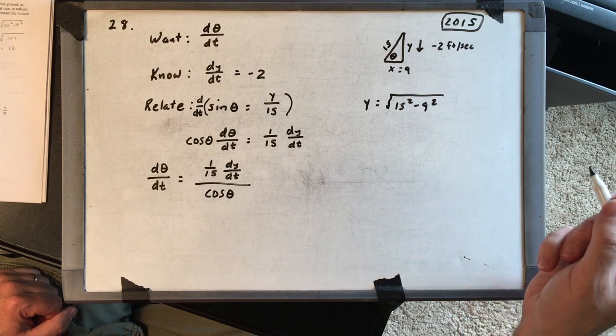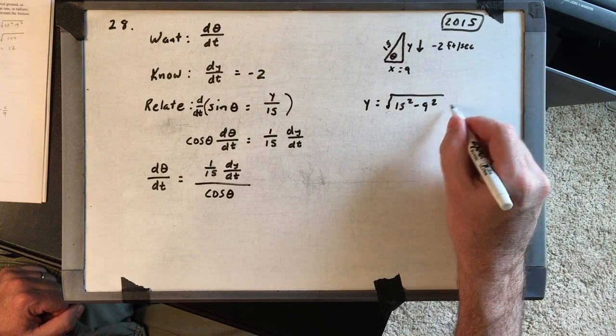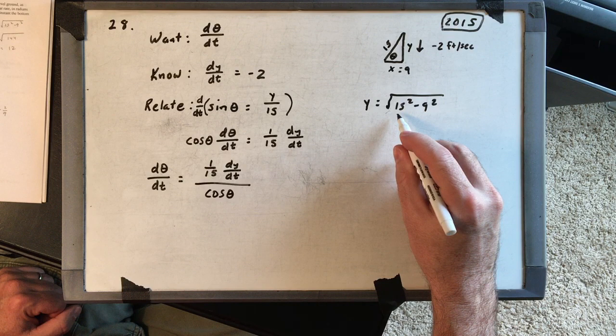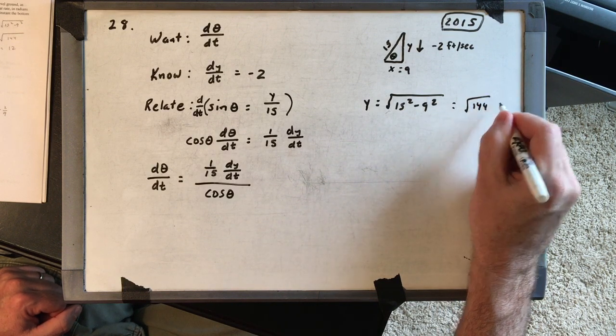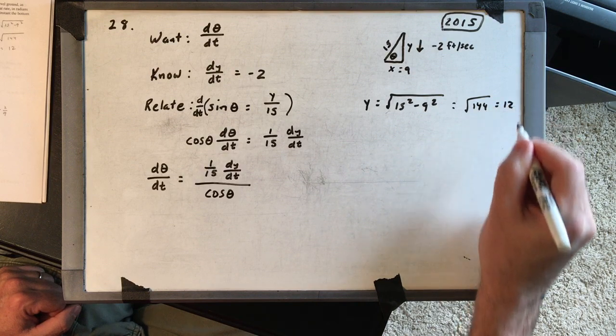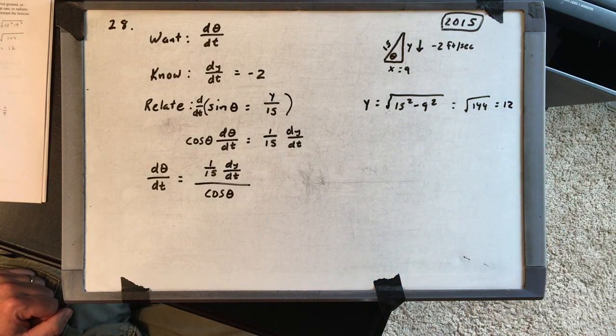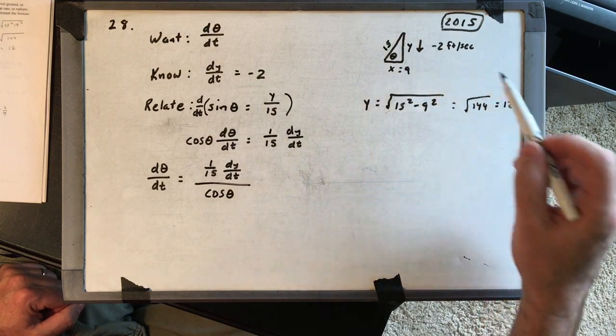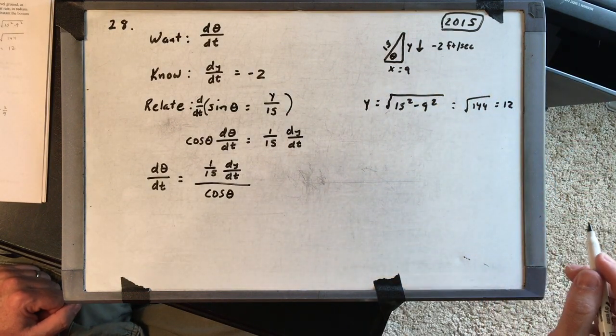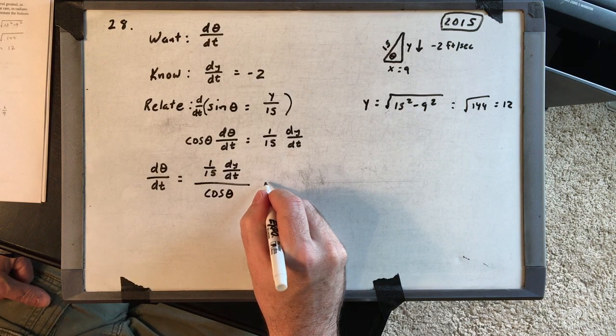You don't have a calculator, so you gotta kind of muddle through this, but that's going to be 225 minus 81. That's the square root of 144, which is 12. So that's actually the same as the 3-4-5, just in a different ratio, 9, 12, 15.